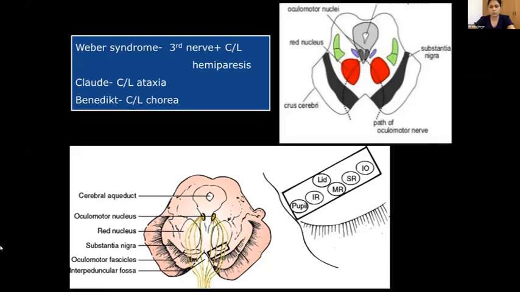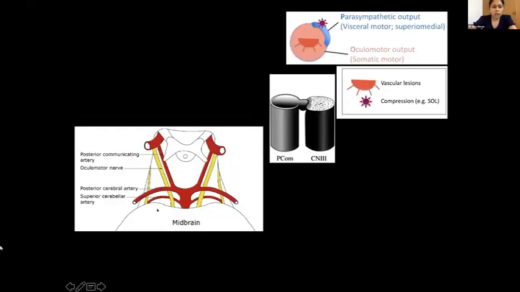out fascicular portion. So the nerve has crossed the midbrain, and now it exits from the midbrain from the anterior aspect at the medial portion of the cerebral peduncle, and as it grows anteriorly, it goes between the posterior cerebral artery and superior cerebellar artery, and then it runs parallel to the posterior communicating artery.